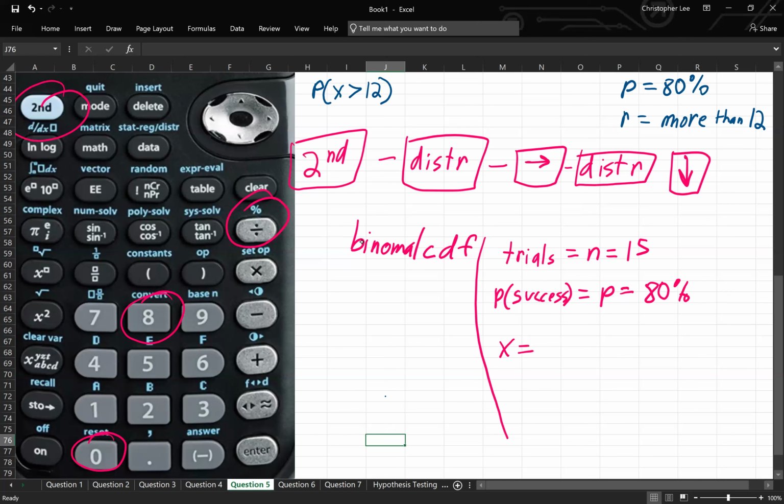Now, can my calculator give me greater than for binomial distribution? No, it can only give me less than. So what's my X going to be? What am I going to write in the calculator for X in the binomial?